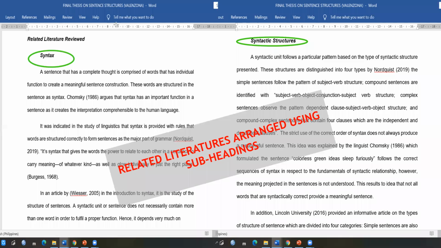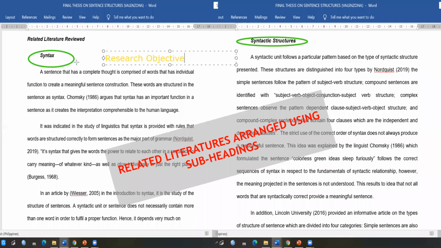Your subheadings, guys, are taken from your research objectives. That is where they come from. So in my research objectives, research question number 1 is asking about syntax.